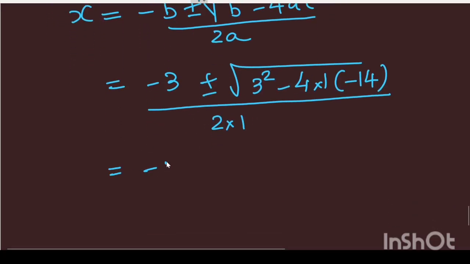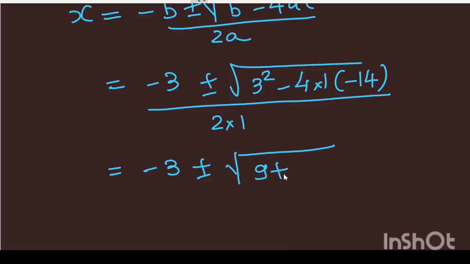So solving this, minus 3 plus minus root of 3 3s are 9, 14, 4 4s are 16.